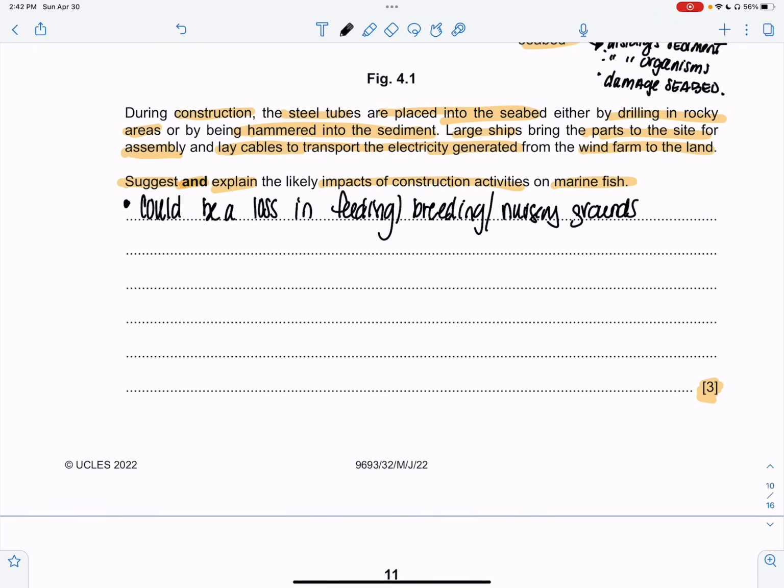Yep, loss of feeding, breeding, or nursery areas. And this would decrease fish numbers, fish population.